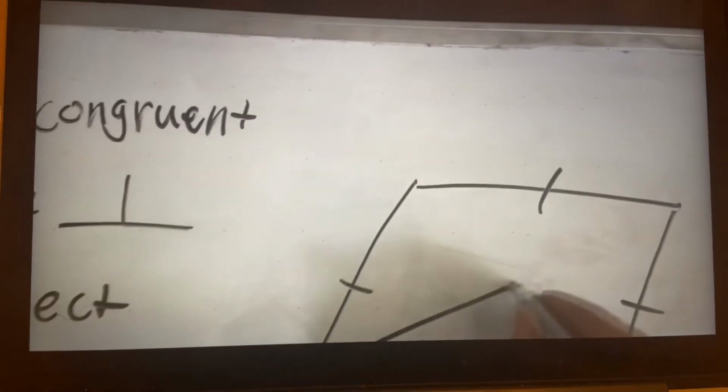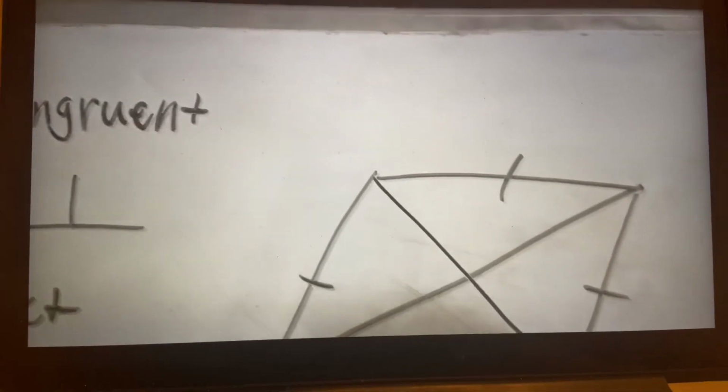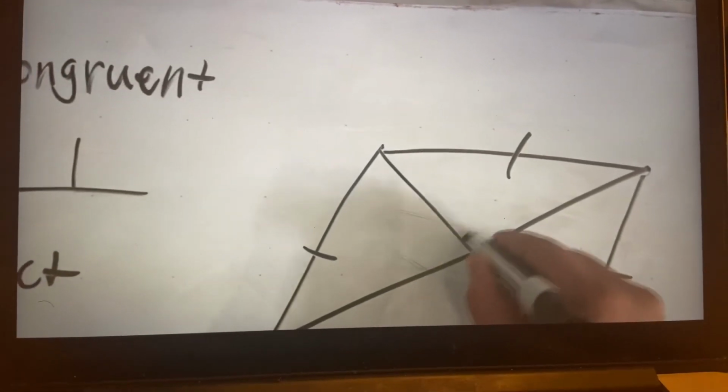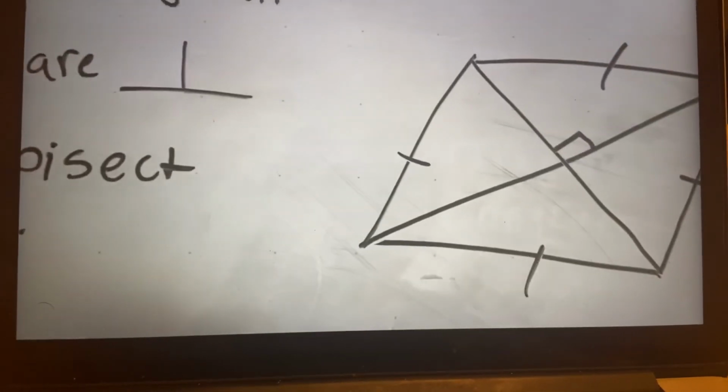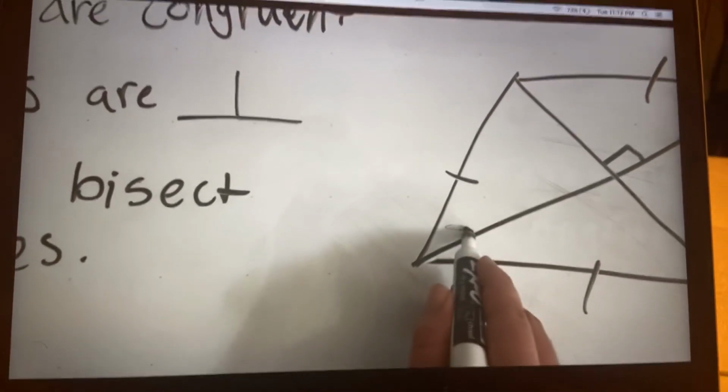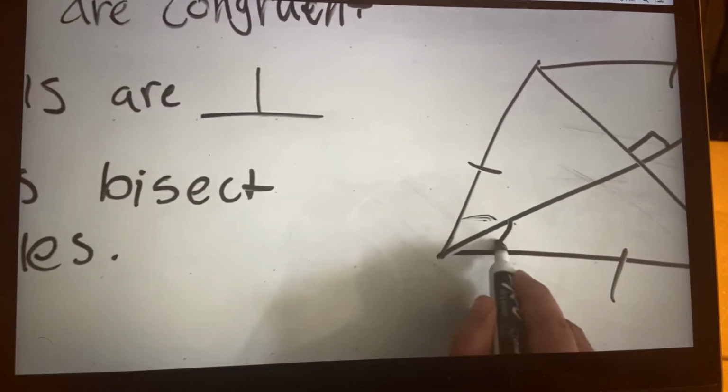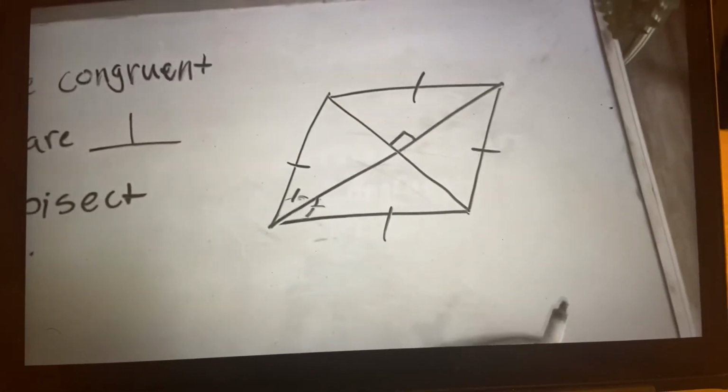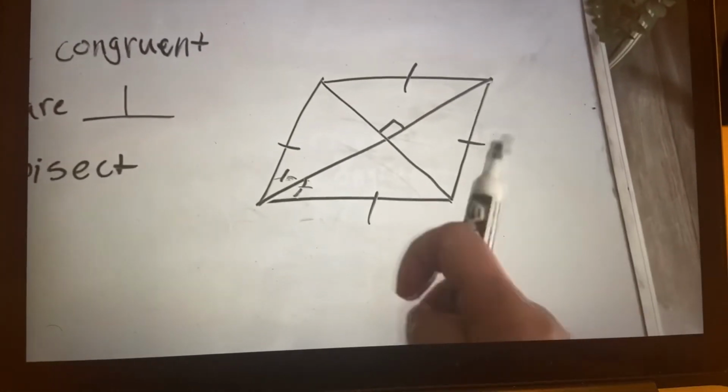All sides are congruent. The diagonals are perpendicular, which means a 90-degree angle is formed right there. The diagonals bisect each other, which means they cut each other in half. So this, for all angles.